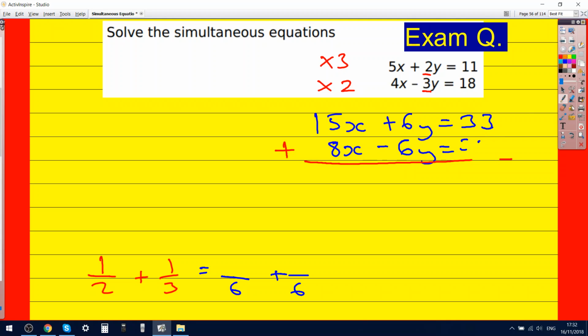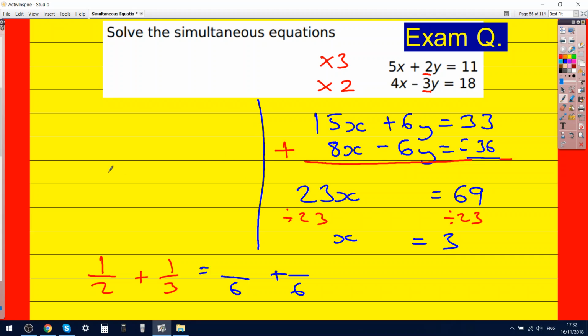Okay, add, what do you get? 23x equals 69. 69 divided by 23, which is 3. So x equals 3.